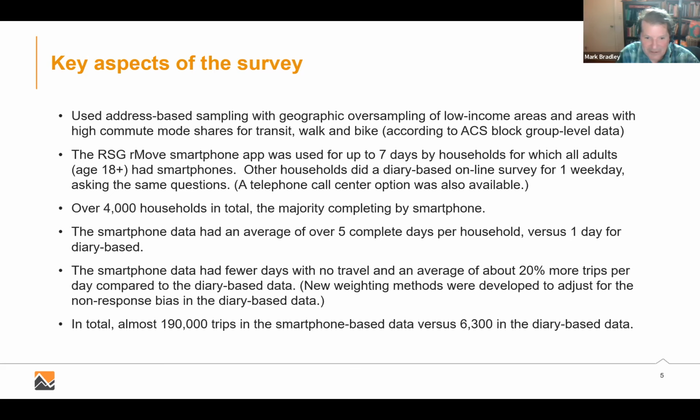So a lot less non-response bias. And in our weighting methods, we adjusted for that as much as we could in the diary-based data, giving higher trip weights and higher weights to people who reported at least 1 trip during the day.